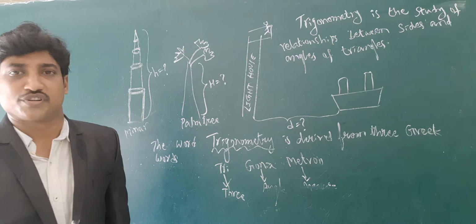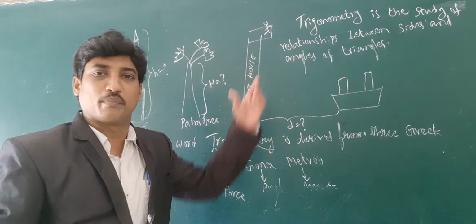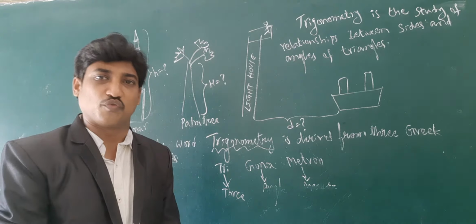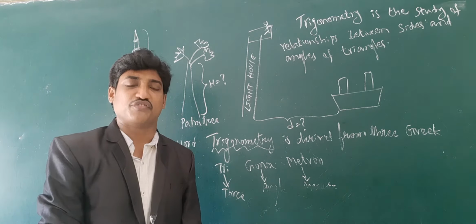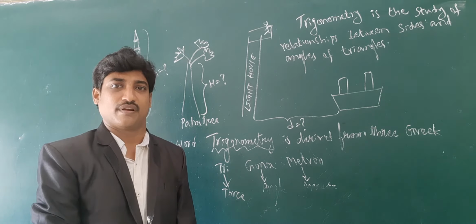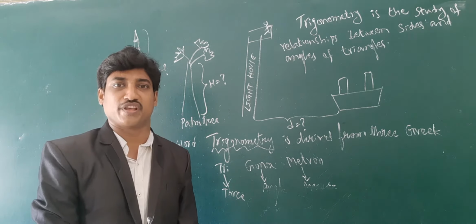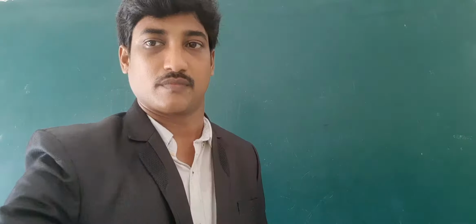Early astronomers used trigonometry to find distances of the planets and stars from the earth.